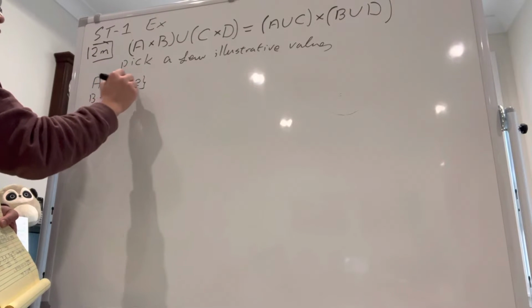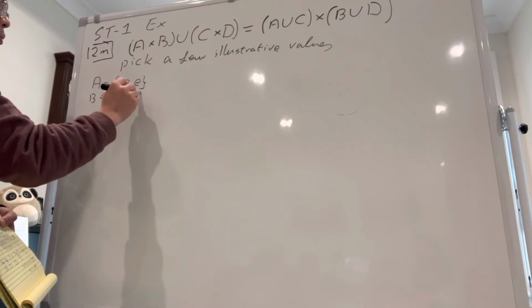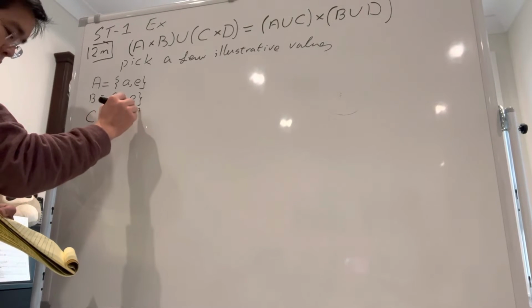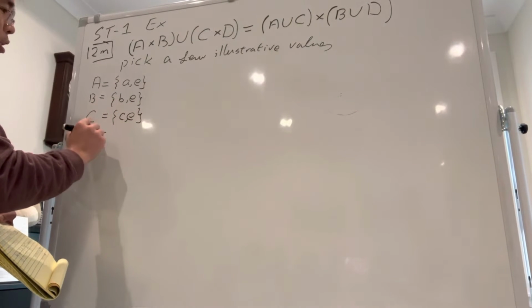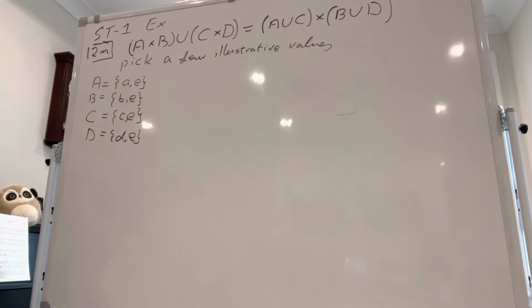So let's say A is {A, E}, B is {B, E}, C is {C, E}, D is {D, E}. Again, this is what we said at the beginning of this math circle. Whenever a problem is complex, try to pick something simple to just try it out.